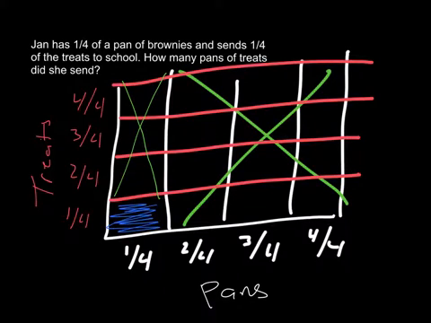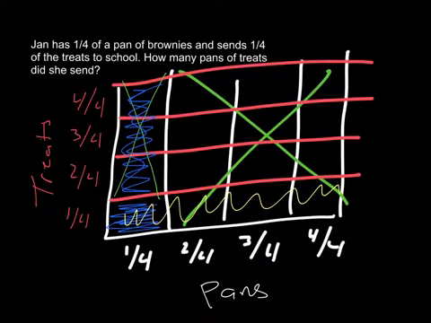Another way that you can look at it is that if she had 1/4 of a pan, I could have this entire pan section for the 1/4 highlighted. Okay? And if she sent 1/4 of the treats, I could have this entire bottom section highlighted. But I notice that the only part that has both the yellow and the blue, that is the total amount, is this one section down at the bottom.